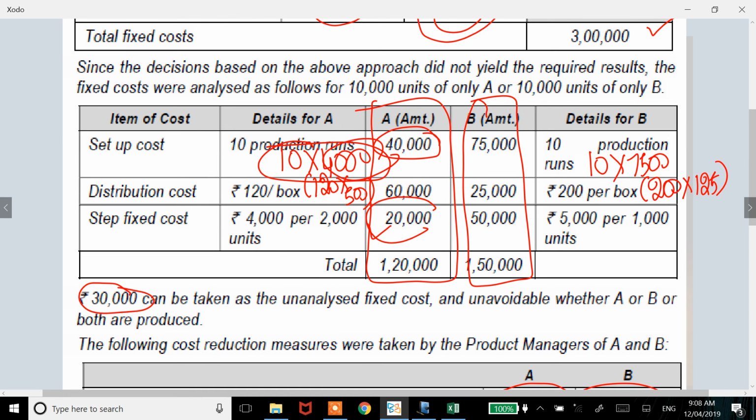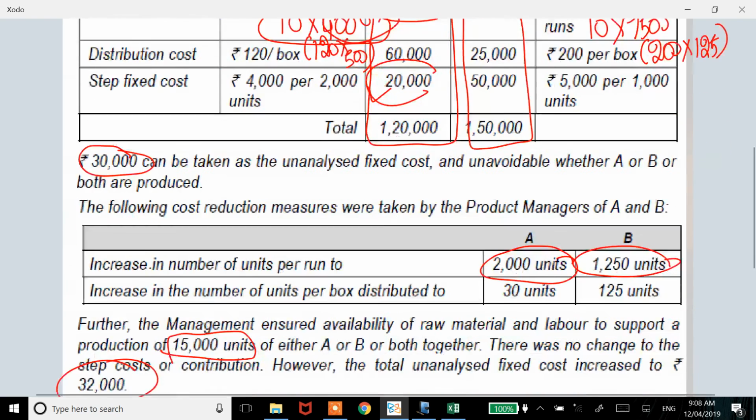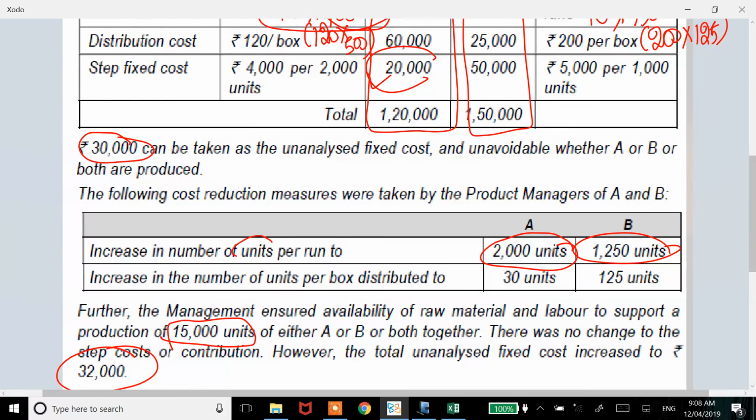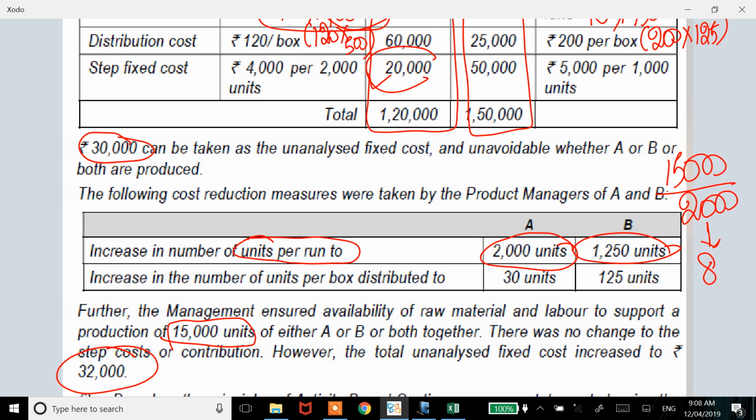So I'll have to check whether it continues to be 10 into 4,000. Now the number of units per run increases to 2,000. How many units do we want to manufacture? 15,000. So 15,000 divided by 2,000 is 8. I cannot have 7.5. The institute sometimes may even leave it at 7.5, but logically 8 is the number of production runs to manufacture 15,000 units.